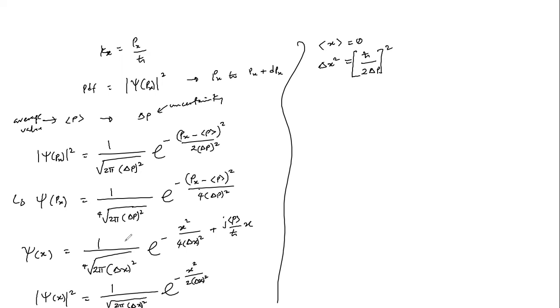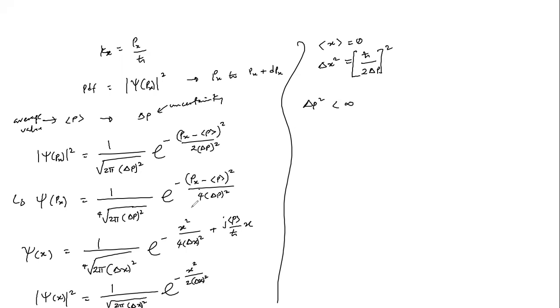From the following, when the momentum uncertainty is finite, the probability distribution function of the position of the particle also has a finite spread.